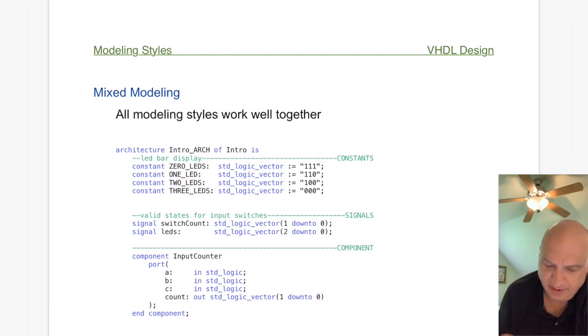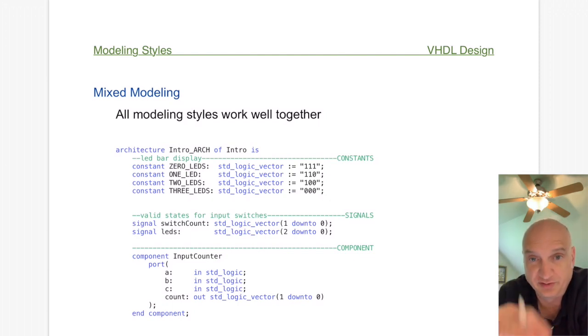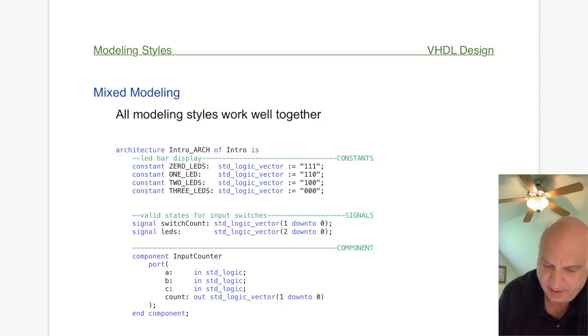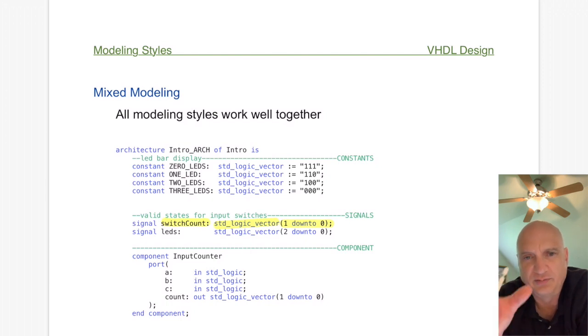And so if we look here, we have declared 2 bus structures. And don't worry, we're going to hit this in great detail soon. But right now, I'm just showing you the big picture, remember. And so here, this is switch count, and it is a standard logic vector 1 down to 0. So basically, you're telling it the numbering of each bit in the bus, right?